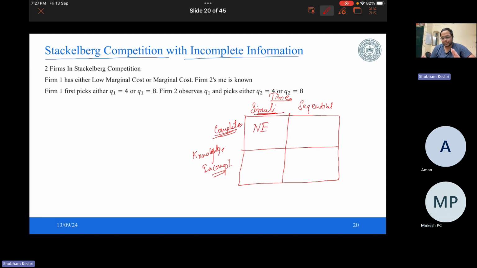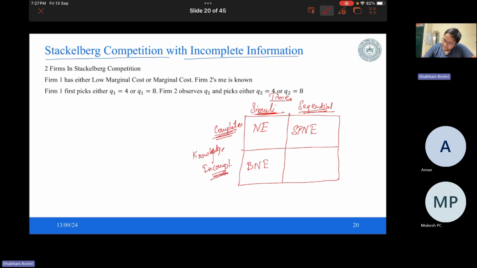Correct. For a sequential move game and complete information, what is the solution concept we have talked about? Subgame perfect Nash equilibrium. For a simultaneous move game and incomplete information, what is the solution concept? Bayesian Nash equilibrium.